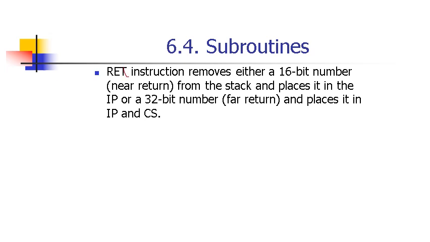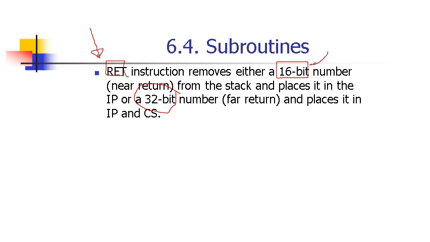Now your return instruction. When you return from a subroutine, you remove from your stack 16 bits if you're coming from a near return, or 32 bits if you're coming from a far procedure.